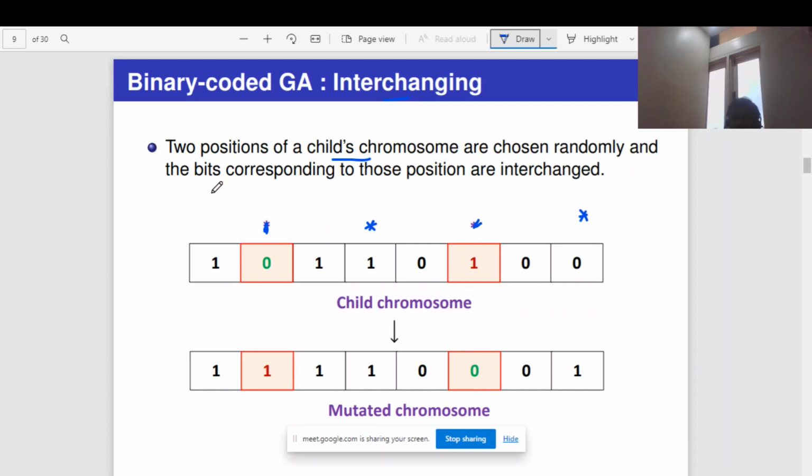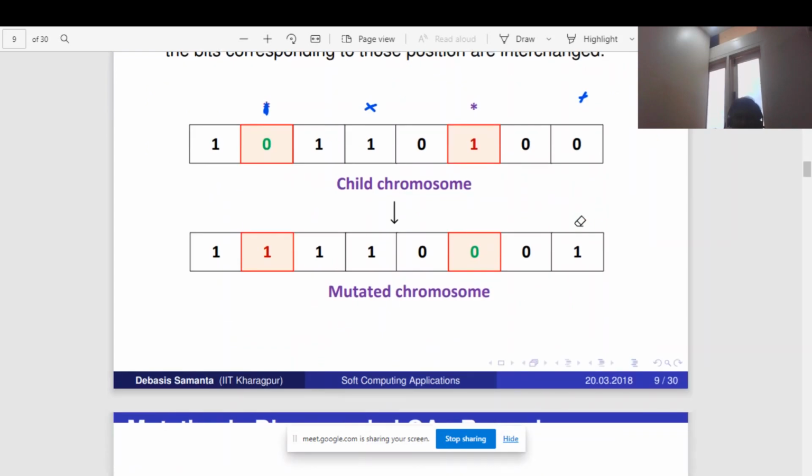What will be the resultant chromosome? 1 0 1 0, 0 1. Only thing is this one goes here and this 0 comes here. This technique is called interchanging. We select randomly two positions, and those bits will be interchanged.